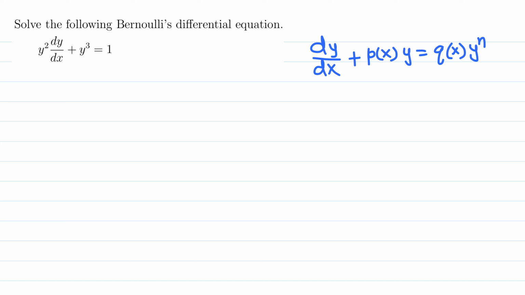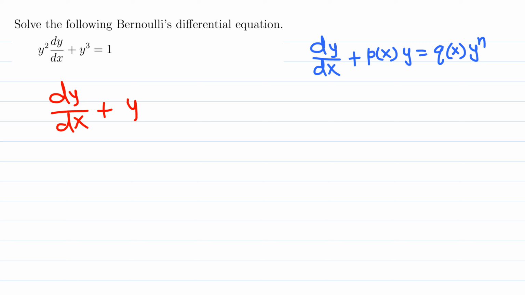Okay, it's non-linear, but with a certain substitution we can make it linear, and after we have a linear equation we can find an integrating factor and solve. But this one is not exactly in this form. This one is already simplified. If we divide through by y squared, which is not needed, but let me show you, dy over dx divided by y squared, right?